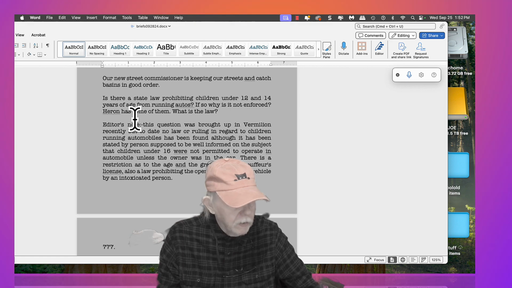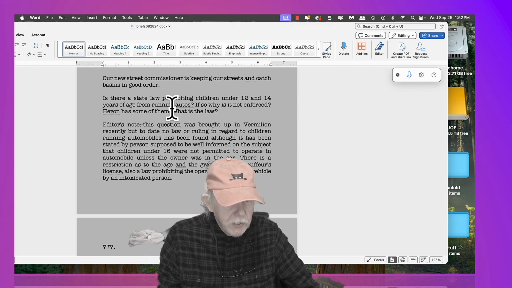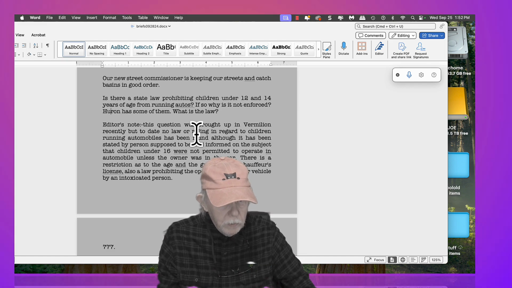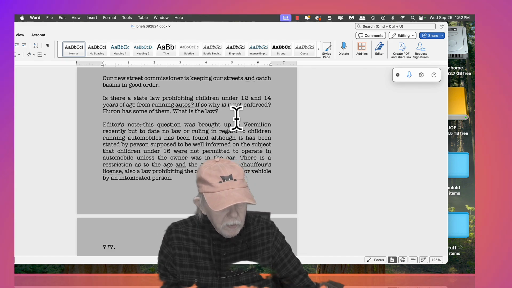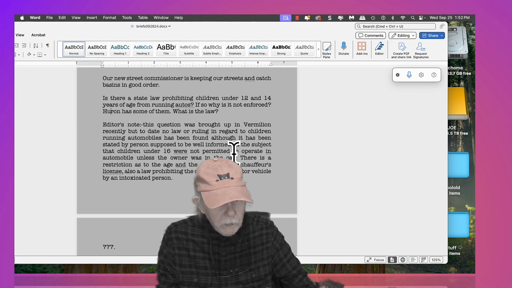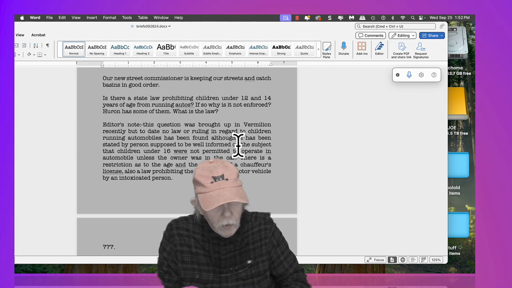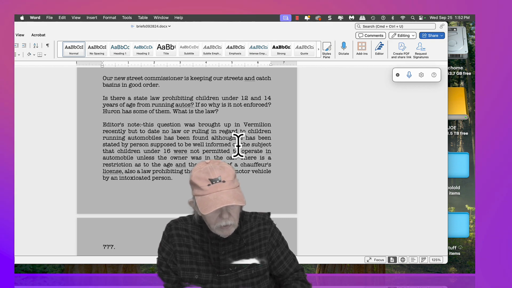The article from Huron says, there's a state law prohibiting children under 12 and 14 years of age from running autos. If so, why isn't it enforced? Huron has some of them. What is the law? Then the editor mentions that the question was brought up in Vermilion recently in regards to having children driving, it says running, but driving automobiles around town.